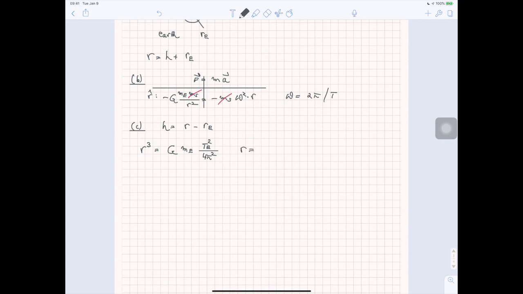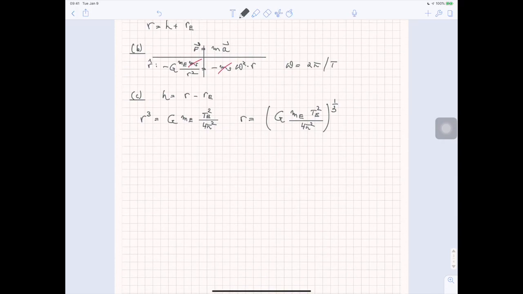Therefore r equals G M_E T_E squared divided by 4 pi squared, and the whole thing to the power of 1/3. So this would then be h equals this expression, minus R_E. So that's the final result.